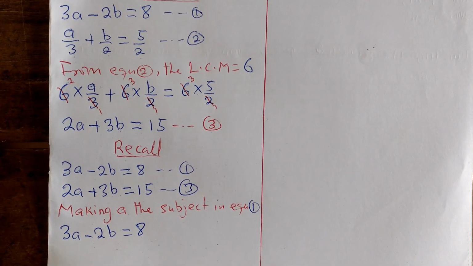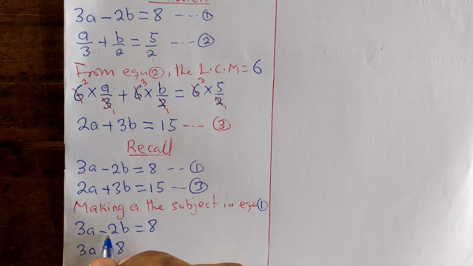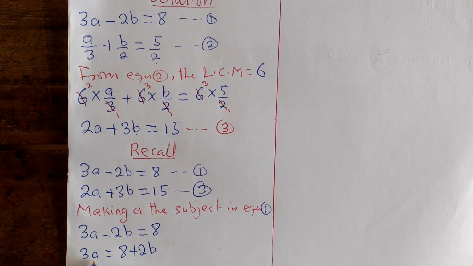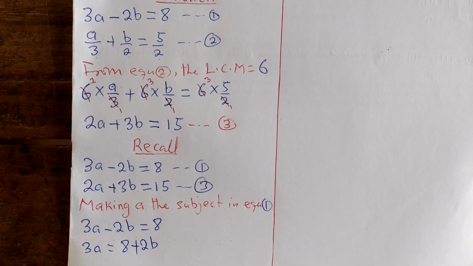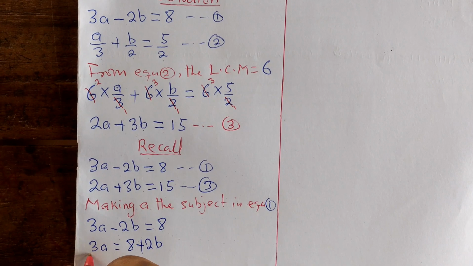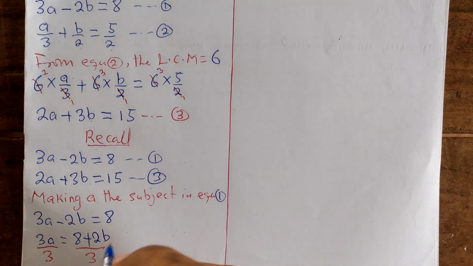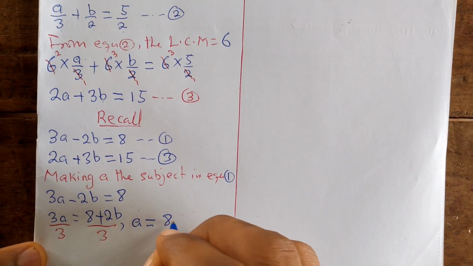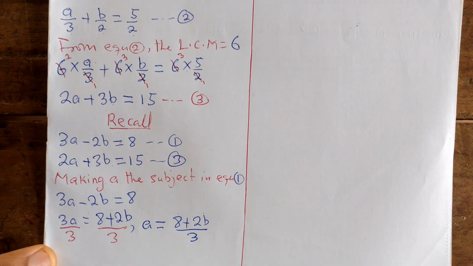So I want to make a the subject, so it becomes 3a is equal to 8 plus 2b. But don't forget I'm looking for a, not 3a, so I have to divide through by the coefficient of a, which is 3. So divide here by 3, divide here by 3. It means that a now is equal to 8 plus 2b out of 3.